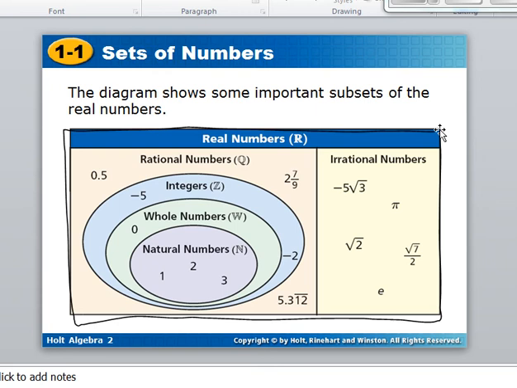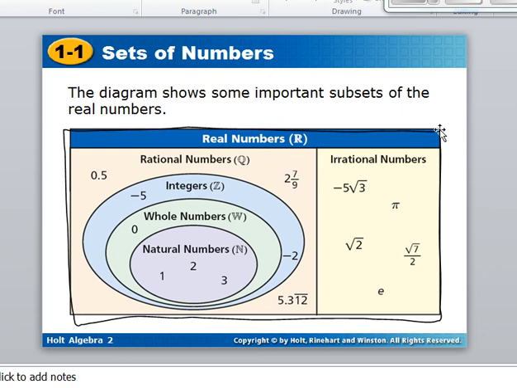An irrational number is a number that does not repeat when you write it in its decimal form, and it doesn't stop either. So things like the number pi, 3.14159, continuing and continuing, that's an irrational number. When I look at things like the square root of 2, the square root of 3, all of those numbers are irrational.